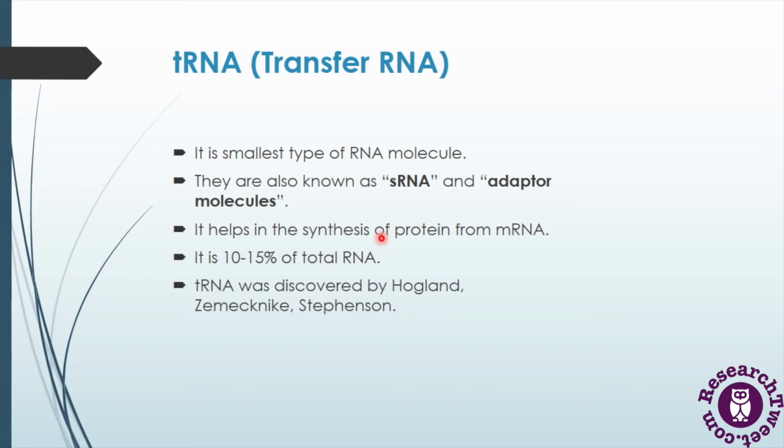The molecules are easily soluble in water, thus they are also known as sRNA or soluble RNA, and sometimes also called adapter molecules or adapter RNA. The tRNA makes up 10 to 15% of the total RNA in the cell, and the molecules were first discovered by Hoagland, Zamecnik and Stephenson.